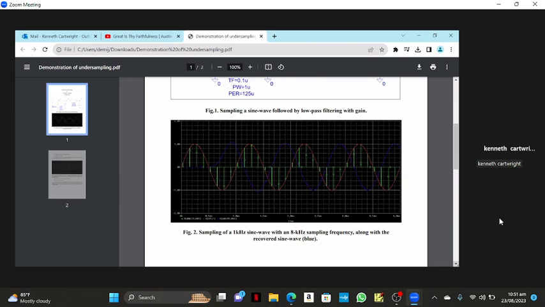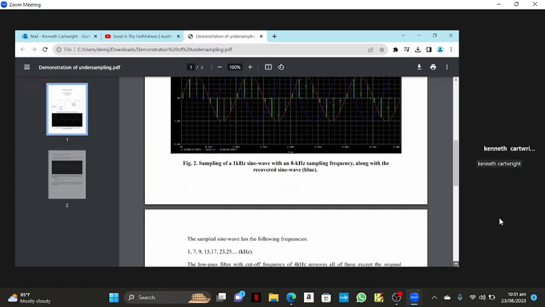So this demonstrates that if you pass a sampled signal through a low pass filter, and you sample right, you'll get back your original signal.